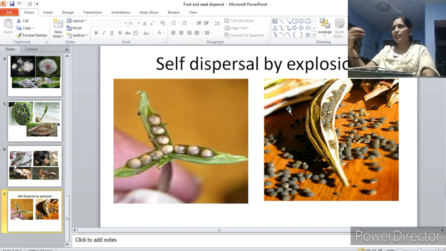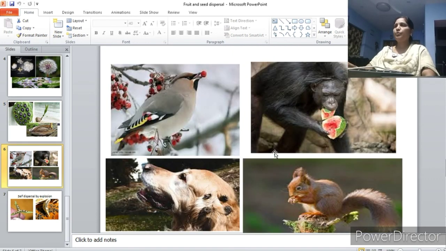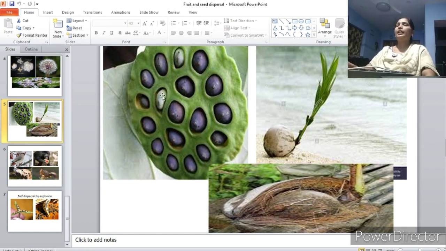So you find out some more plants which can explode, which are going for the self-dispersal process, and which seeds are dispersing by the explosion process. You also find out some other animals which help in the dispersion process, and some other seeds apart from these.